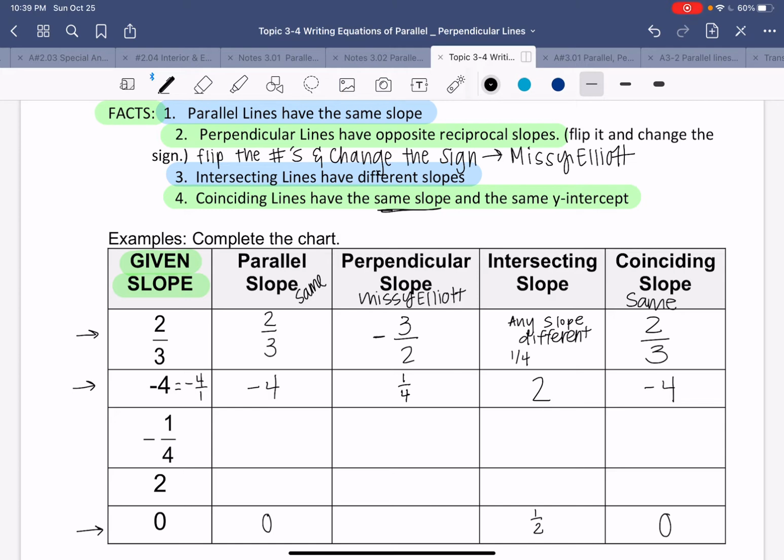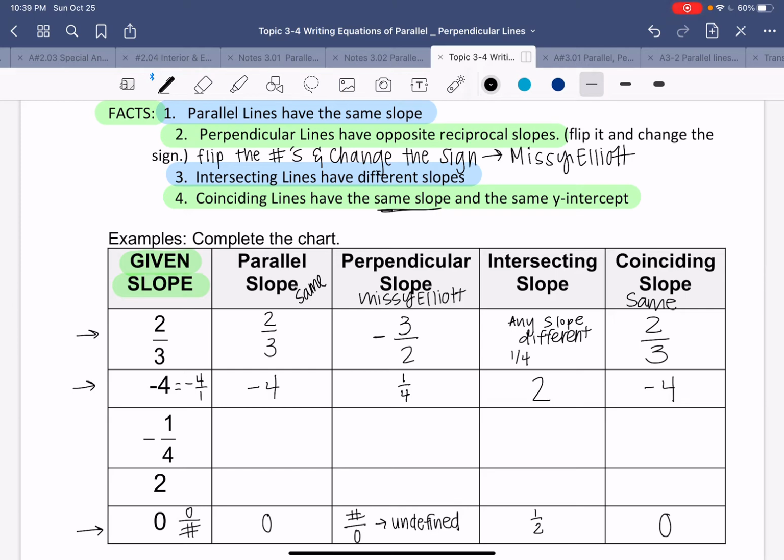0 technically just means it's 0 over any other number. We don't know what that number is, but it has a slope of 0. Okay? So meaning it doesn't rise any. So when I actually flip those numbers, it ends up being number over 0, which then just gives us an undefined slope.